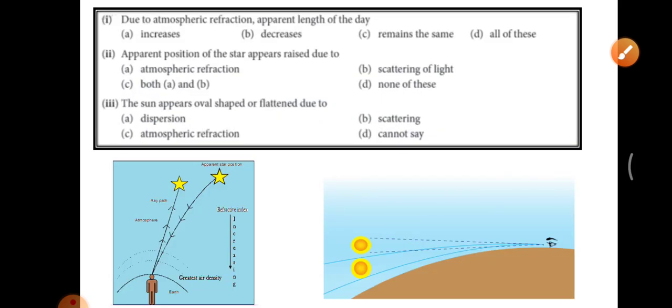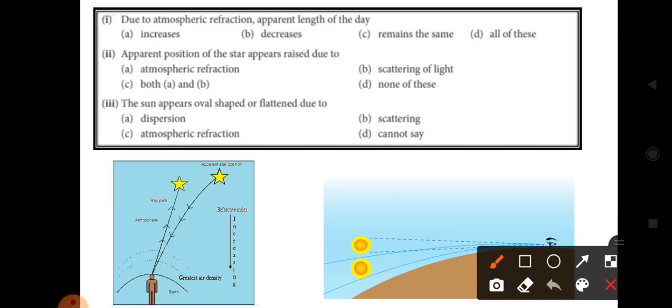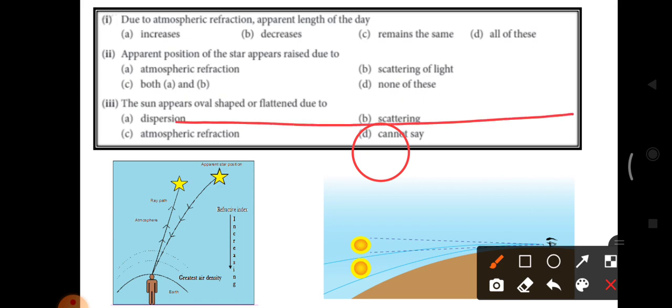The first question, due to atmospheric refraction, apparent length of the day. You know that this is our earth, this is a horizon line.